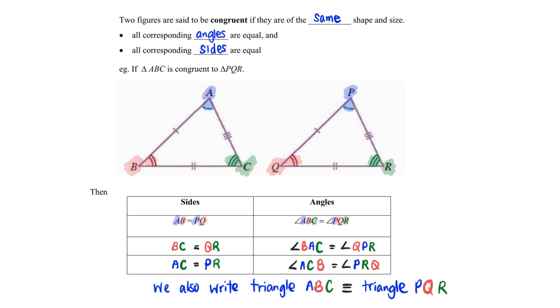And at this point, it is important to note, which I will write at the side here, that we do need to write it such that the corresponding points are matched to each other in the same order.